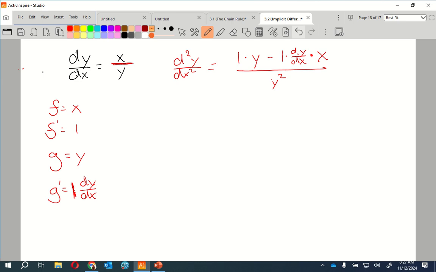If you have y prime, it's usually a little bit more complicated or confusing when it's like that. That's why whenever I'm doing this, I like using Leibniz, dy/dx, for all the times I'm actually taking the derivative. That's super important here.